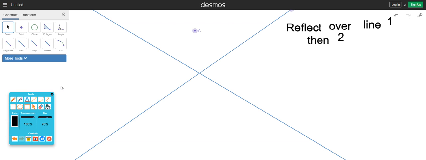So the first thing we're going to do is we've got right here, we're just going to write this out. This is going to be line 1 right here. That's real big, but yeah. And this is line 2. Okay.